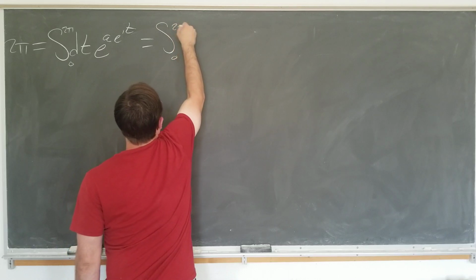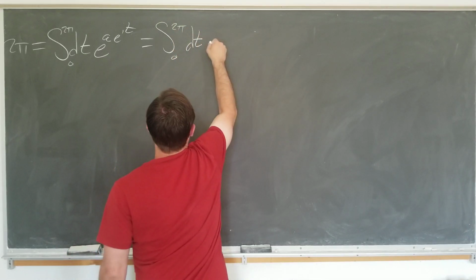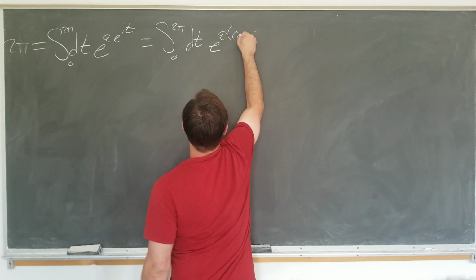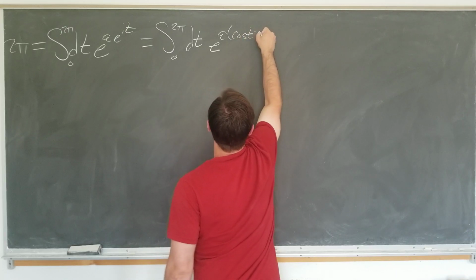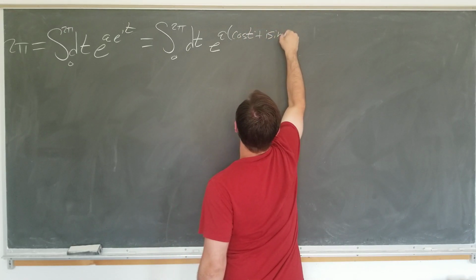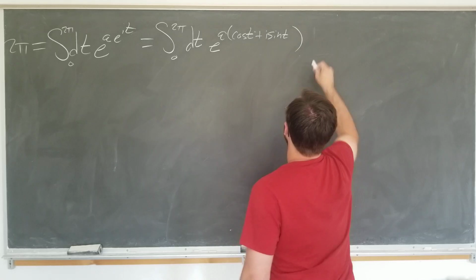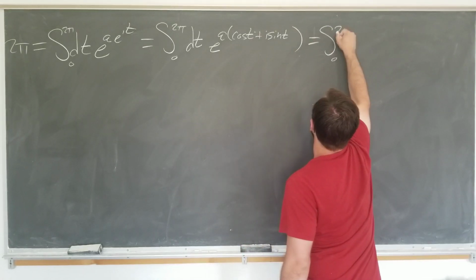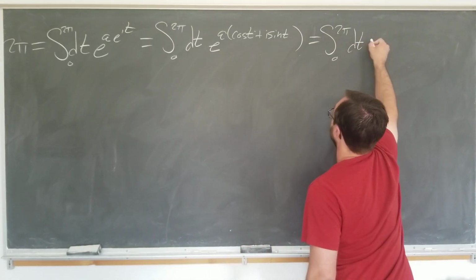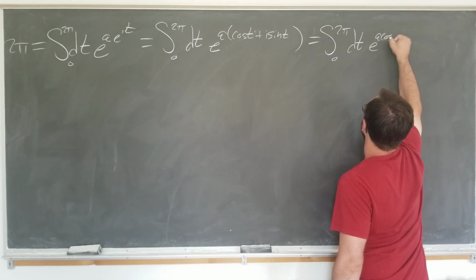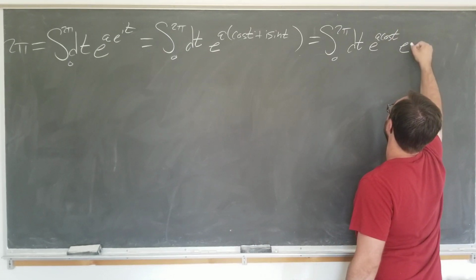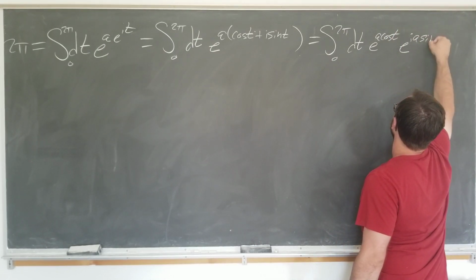Integral from 0 to 2 pi with respect to t of e to the a (cosine t plus i sine t), of course. And that's the integral from 0 to 2 pi of e to the a cosine t times e to the i a sine t.